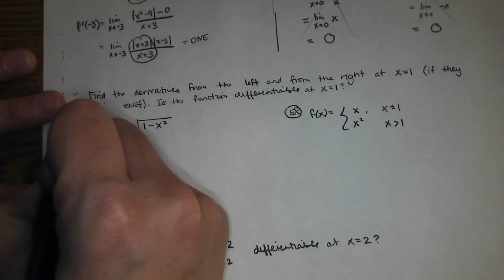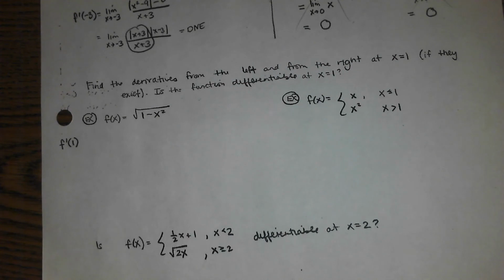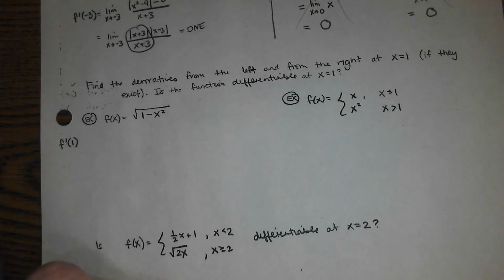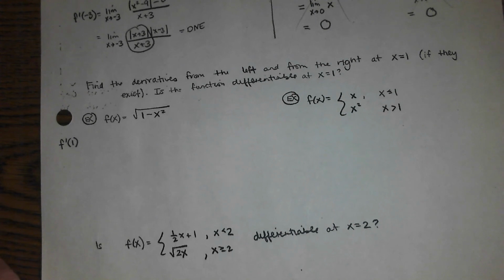So if we were to do that, I'm not hopeful that anything good is going to come out of this, simply because they asked for the from the left, from the right, obviously for a reason, right? And given that this is a square root graph, I'm pretty sure it has an endpoint, and I'm guessing that 1 is the location of that endpoint. But let's just pretend we're not thinking and we just jump right into it.